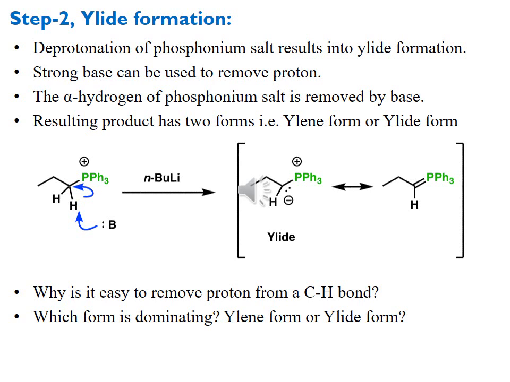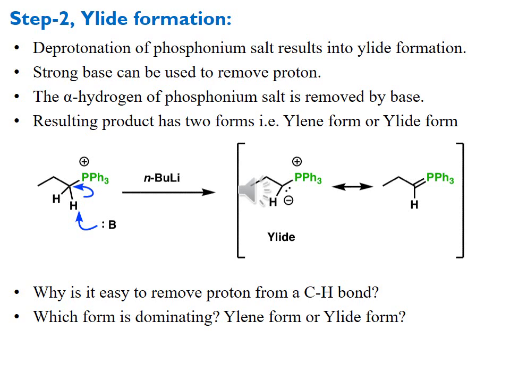Which form is dominating, the ylene form or the ylide form? As we have discussed, there are two types of ylides: unstabilized ylide and stabilized ylide. In the case of an unstabilized ylide, the ylene form, that is the phosphorus ylide having C double bond P double bond, is dominating, and the reaction occurs mostly through this form.